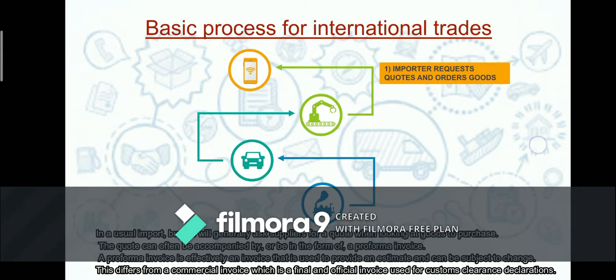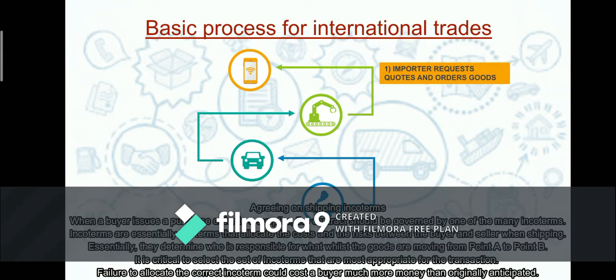The quotes can often be accompanied by a pro forma invoice. A pro forma invoice is effectively an invoice that is used to provide an estimate and can be subject to change. This differs from a commercial invoice, which is a final and official invoice used for the customs clearance declaration.